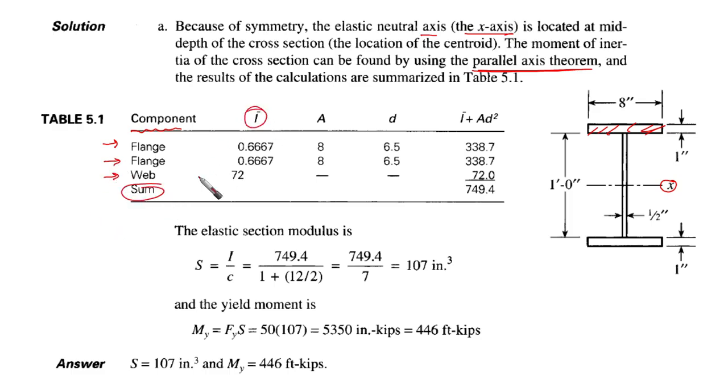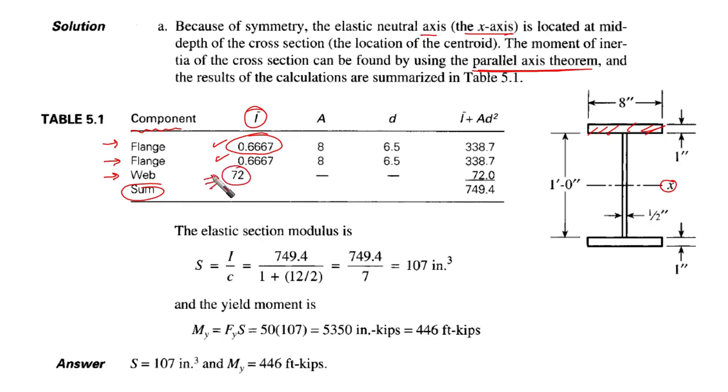This is the inertia of each item, which for the flange, for example, is going to be 0.667. You can check it yourself. We have the width and the depth, so it is 8 times 1 to the power 3 over 12. You find it for the upper and lower flange. They are the same. For the web, you can get it with the same technique.